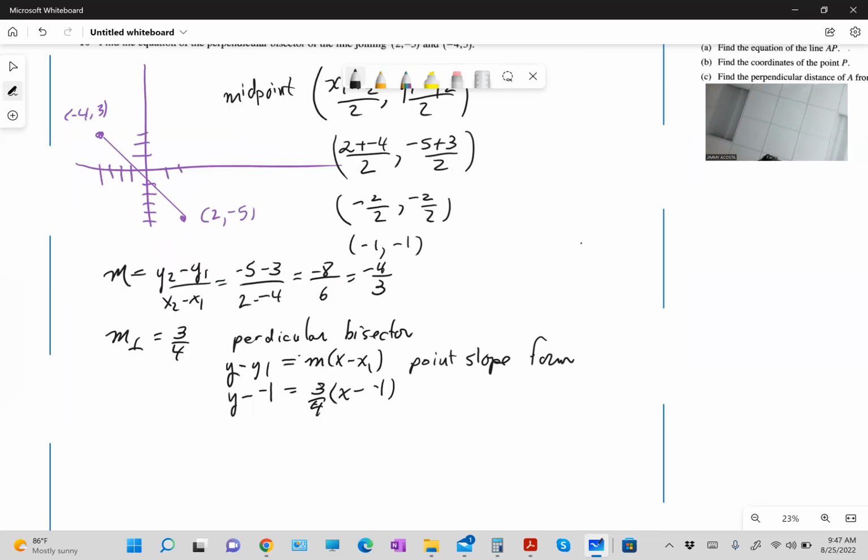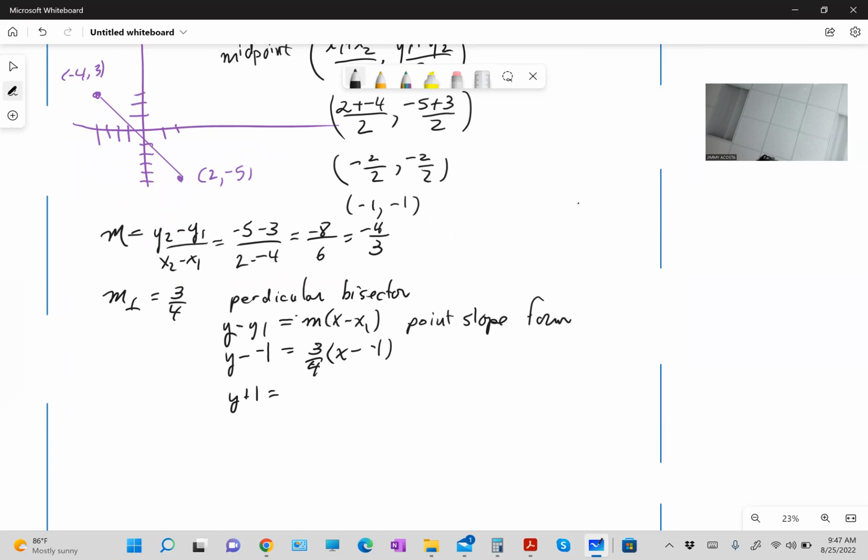So y plus 1 equals 3/4 times x plus 1. This is y plus 1 equals 3/4 x plus 3/4, and y equals 3/4 x, and then minus 1/4, because 3/4 minus 1 is -1/4.